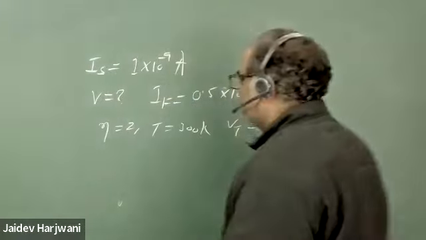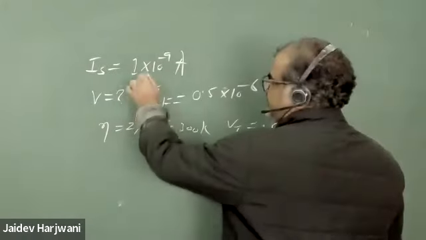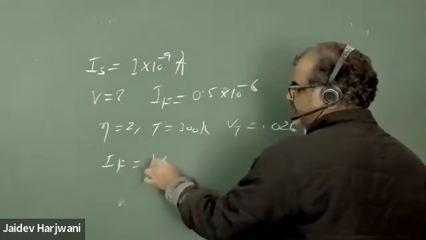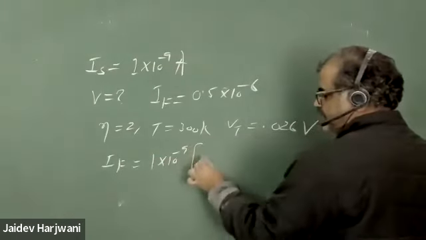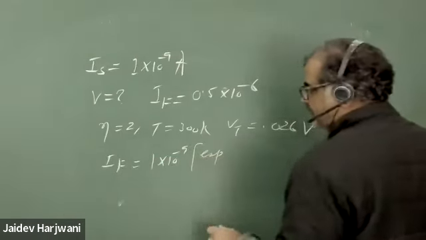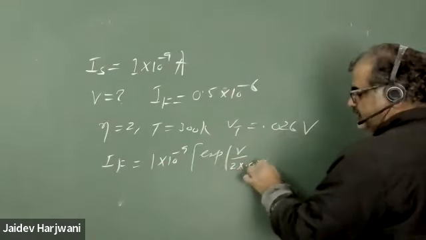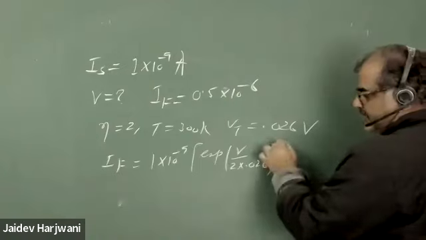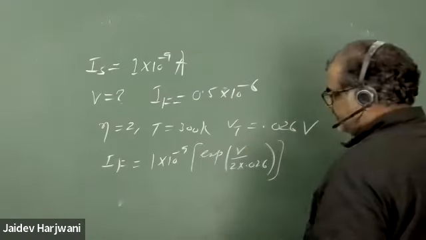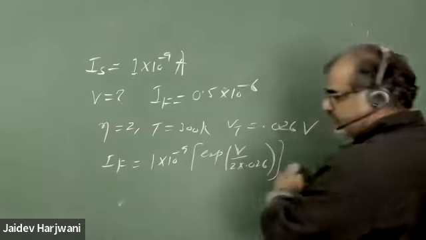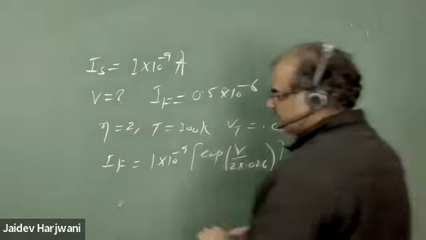So you have been given Is, and you want I forward. Is is 1 into 10 to the power minus 9, times exponential of V upon 2 into 0.026, minus 1. You can leave out the 1 for forward current, because it is negligible. If you want, you can put 1 also, but that will not affect your answer.